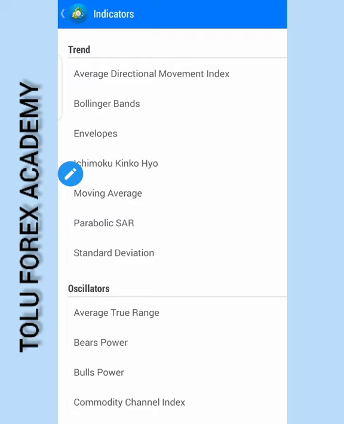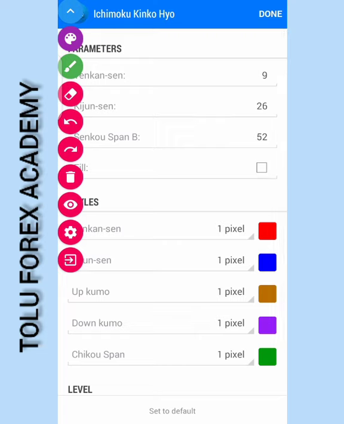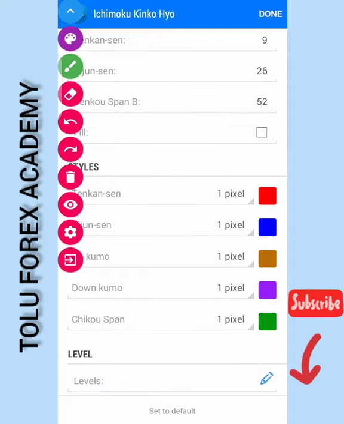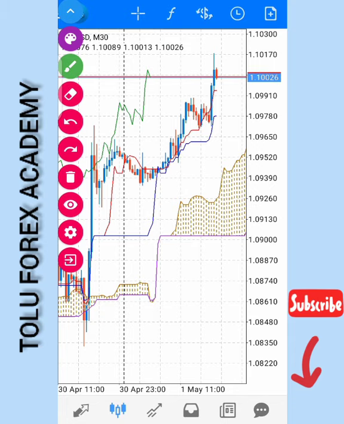I believe you can see Ichimoku here. I select it, and it opens this place for me, where I will be able to add the Ichimoku indicator. What we do is set it as default. So you just click on default, because probably you've changed the parameters here before. Then click on done at the top right corner. Okay, so it has added the Ichimoku indicator to our chart.